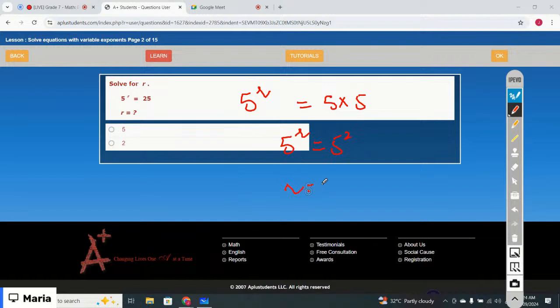So bases are same, that means exponents are also equal, that is r equals 2. The correct option is r equals 2. Option number 2 is the correct option.